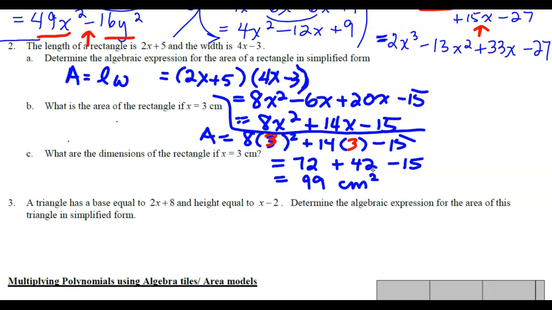So what are the dimensions of the rectangle? Well, we go back: the length was 2x plus 5, and the width was 4x minus 3. Wherever there's an x, we put 3.